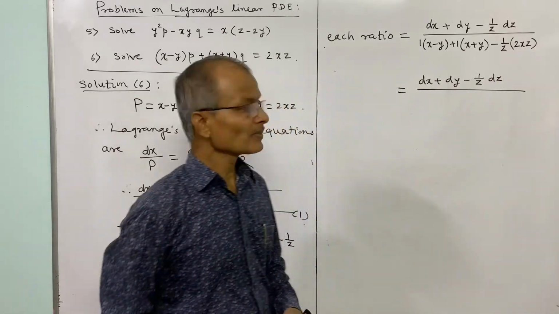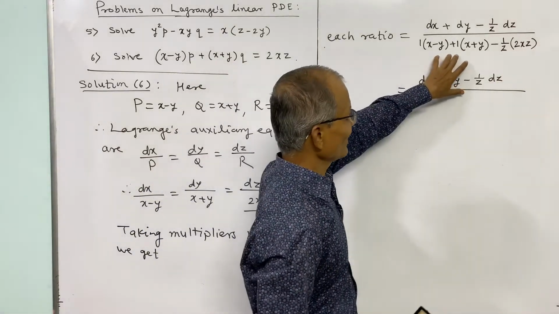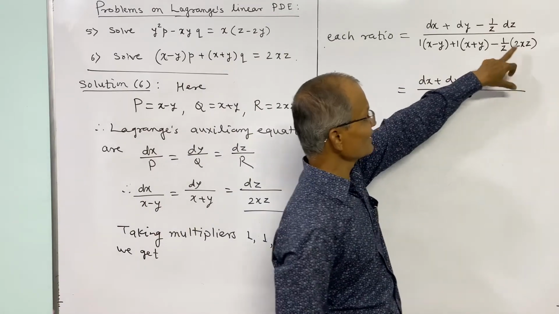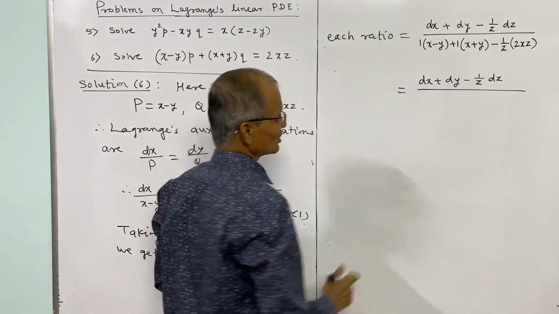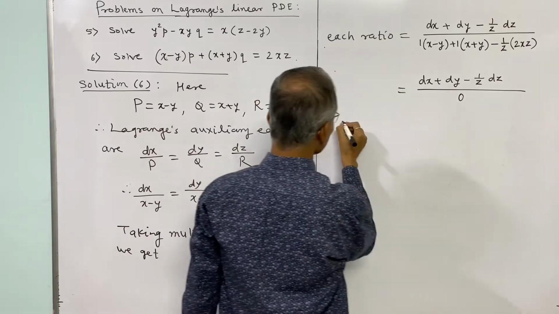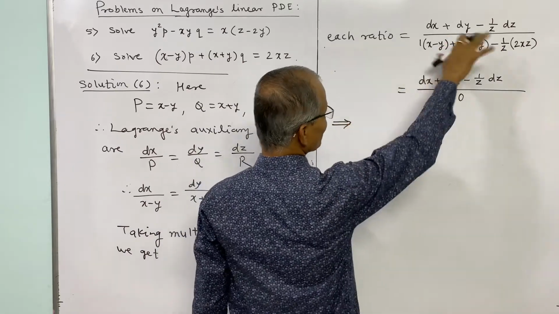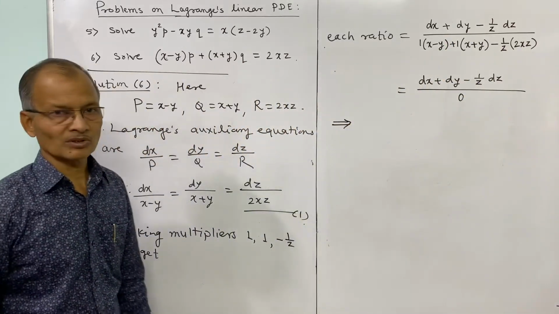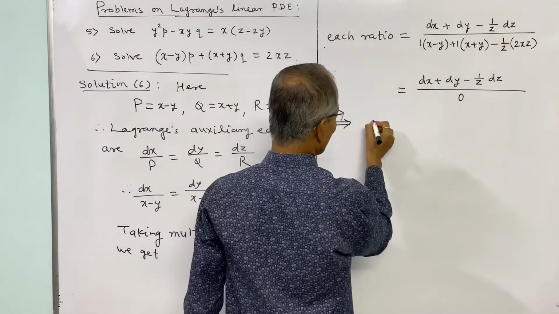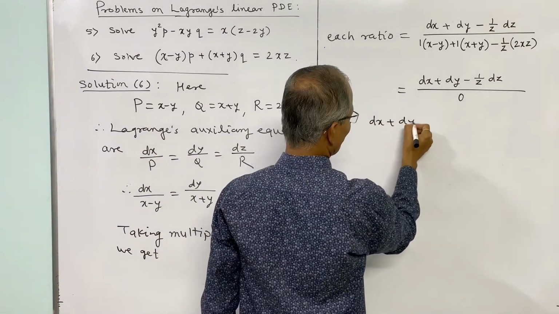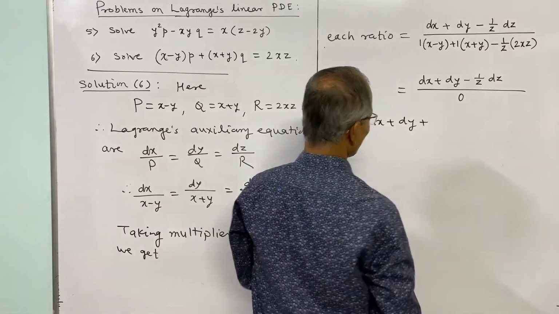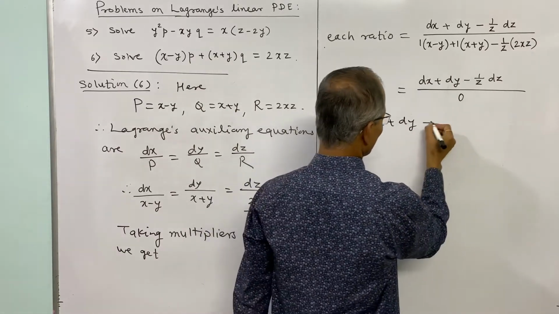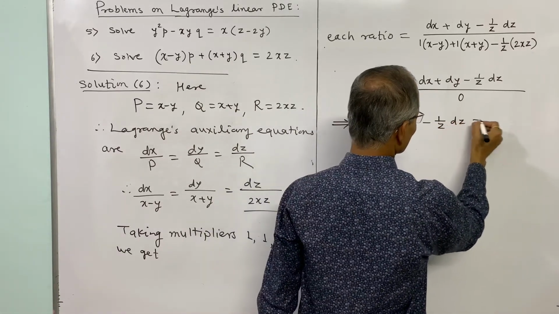Now you observe, this is 2x, we have verified this, and this z cancels, this is negative 2x, so that is 0. And thus, whenever the combination at the denominator becomes 0, the numerator must also be 0. By property of ratio, dx plus dy minus 1 by z into dz is equal to 0.